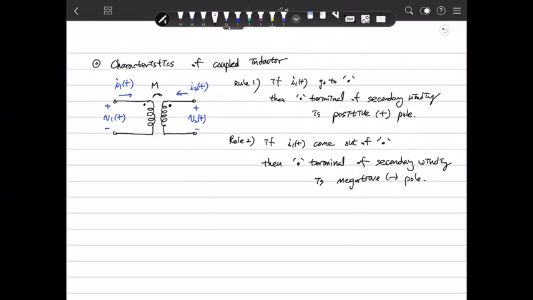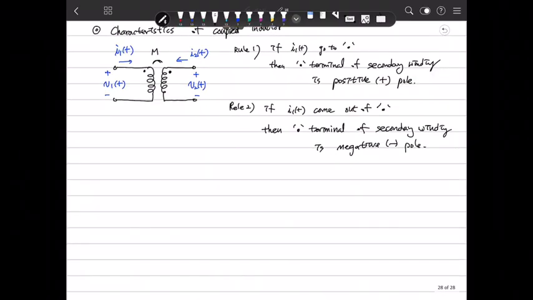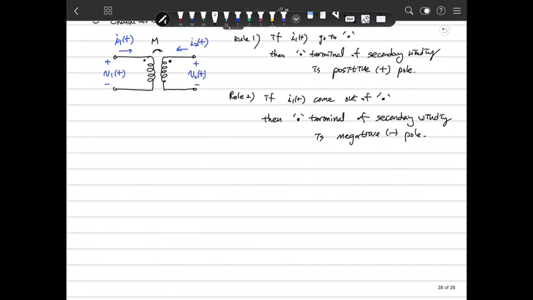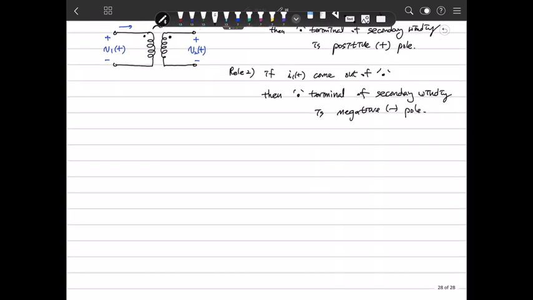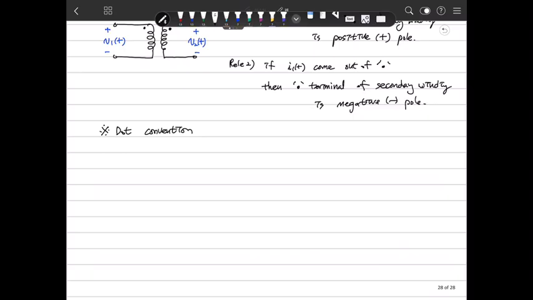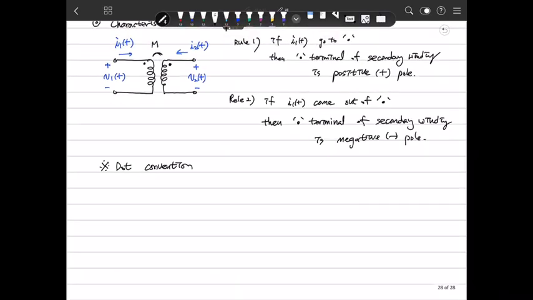We call this the dot convention. The reason is that the polarity of the primary winding and the secondary winding can be different, because it depends on the winding direction.